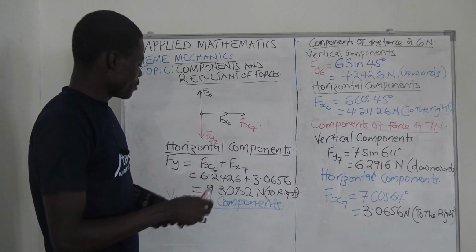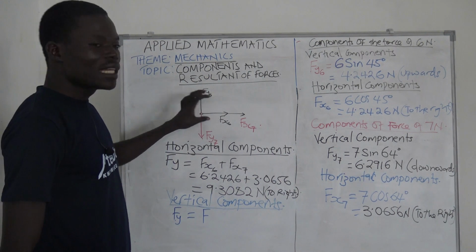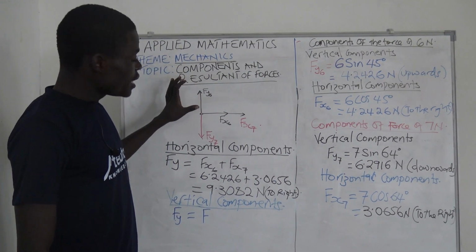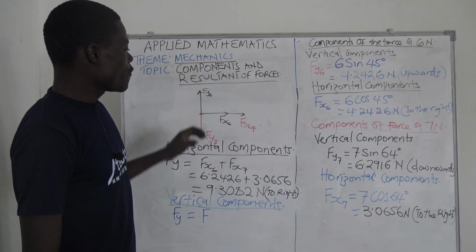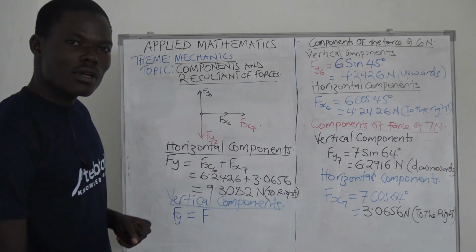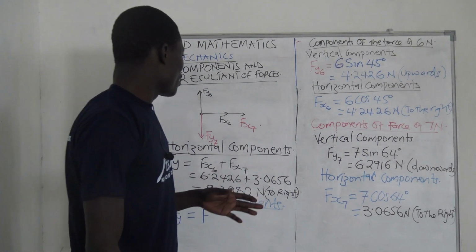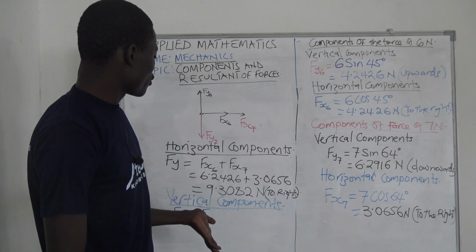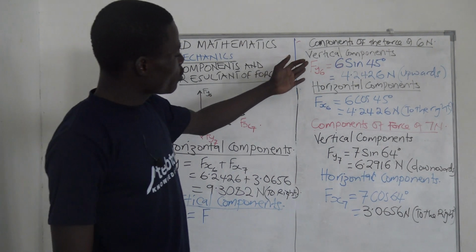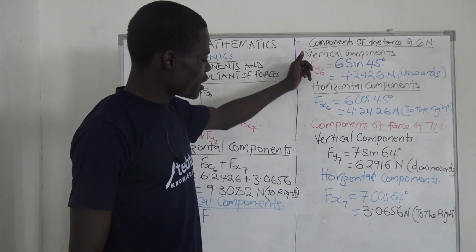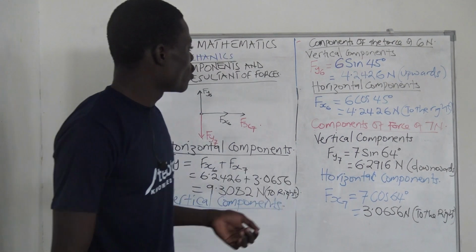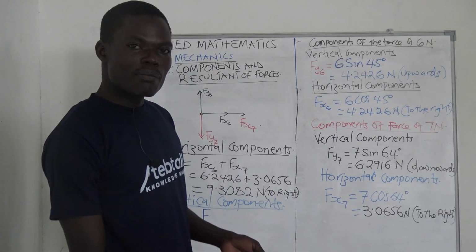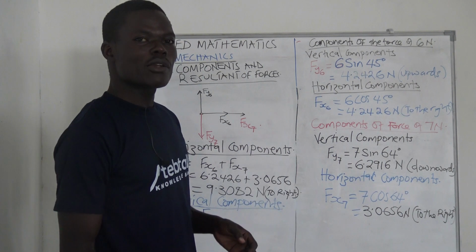now here, since they are in different directions, we subtract. Which one do you subtract from the other? You check the vertical component of 6 and the vertical component of 7. Which one is big? The one which is big, you subtract from.